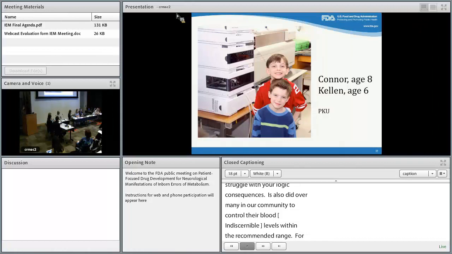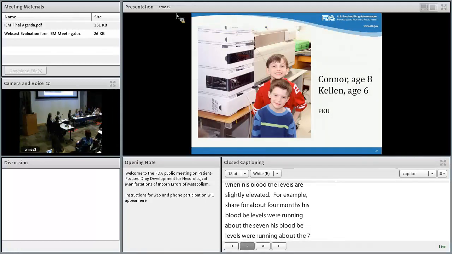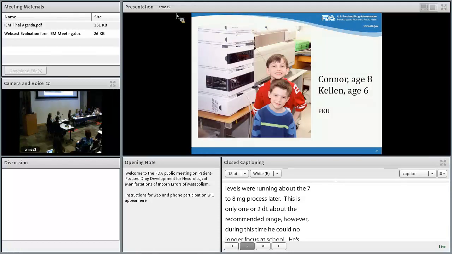For Connor, my PKUer that also has ADHD, his symptoms of ADHD dramatically increase even when his blood Phe levels are slightly elevated. For example, last year, for about 4 months, his blood Phe levels were running in about the 7 to 8 milligrams per deciliter. This is only 1 or 2 deciliters above the recommended range. However, during this time, he could no longer focus at school.